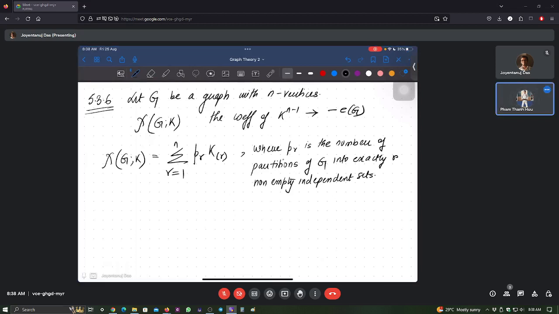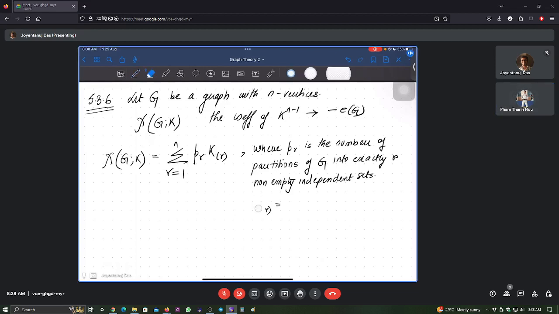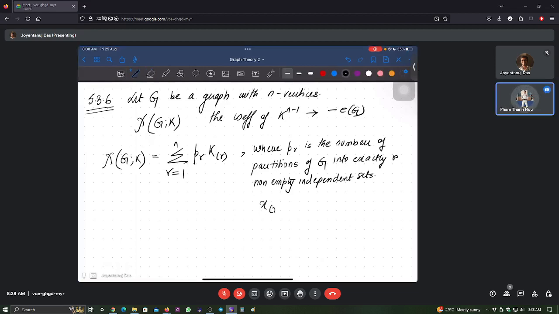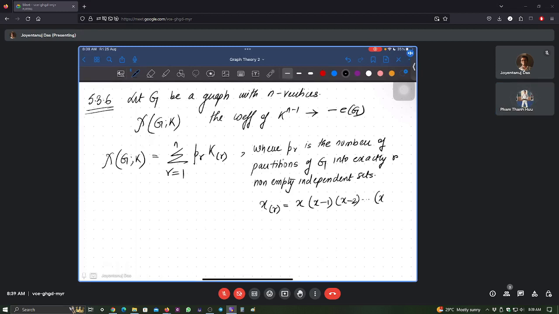Okay. And k_r, what is k_r? The k_r that we defined, right? No, no, k_r is a polynomial. So let me define. x_r is x into x minus 1, x minus 2, up to x minus r plus 1.